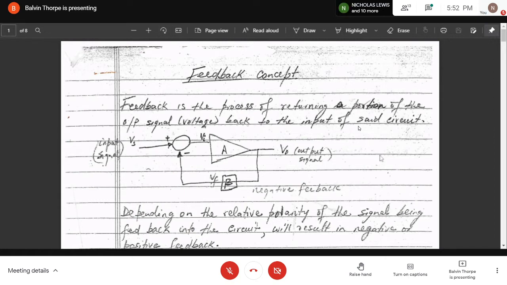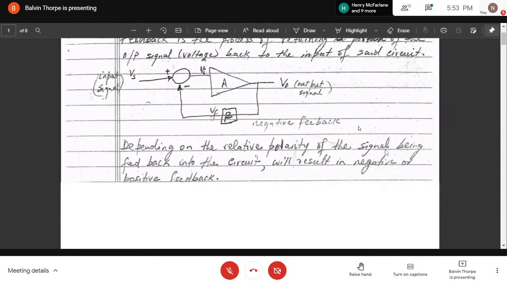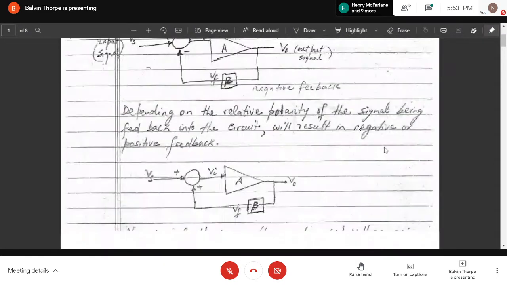Okay. So feedback concept. What is feedback concept? Remember, we said that feedback is a process of returning a portion of the output signal back to the input of a system, and particularly because we're talking predominantly in this class about amplifiers, it is the process of returning a portion of the output signal back to the input of the circuit, as can be seen on screen.